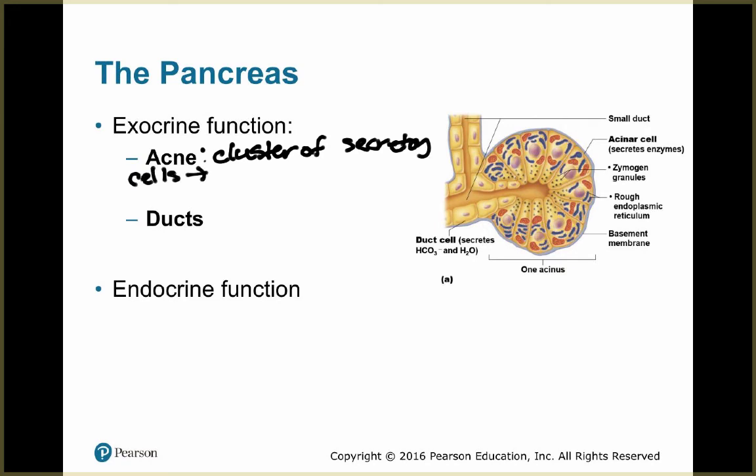They produce zymogen granules, which actually contain what's known as proenzyme.